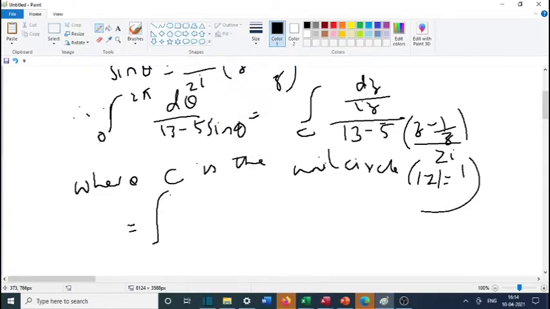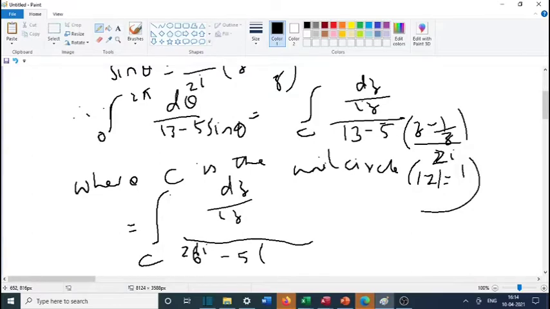Simplifying, we will get integral over c dz by iz divided by 13 minus 5 into z minus 1 by z all divided by 2i. We can take the LCM, so this is 26i minus 5 into z minus 1 by z, all divided by 2i.